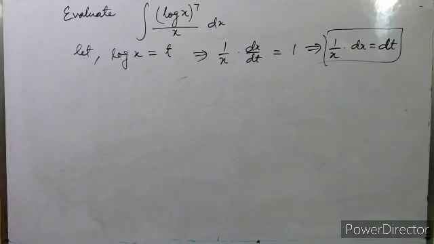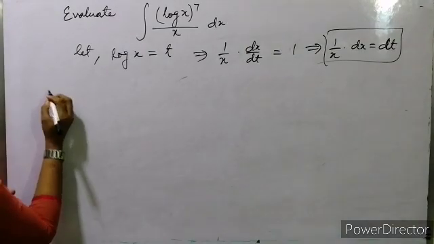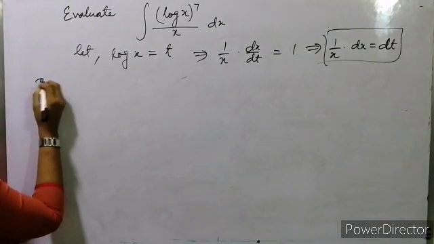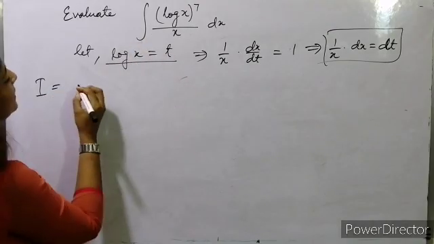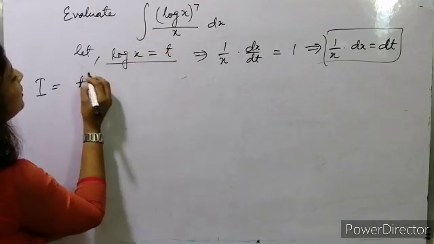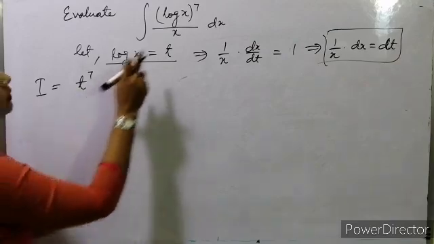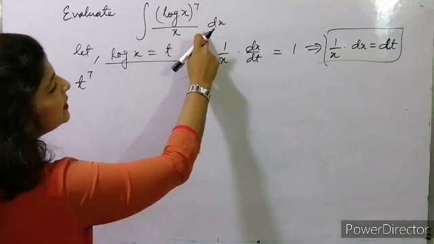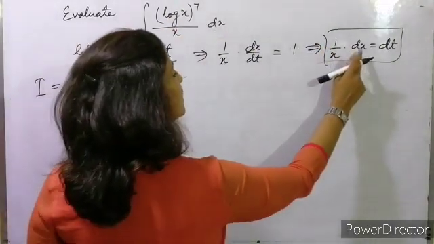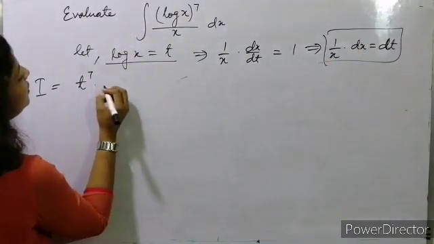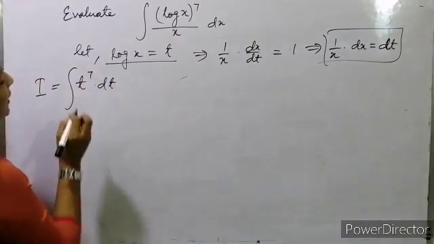Now next what we have to do, so it means that the integration I will be equal to, log x is t, so t to the power 7 we will write. Now 1 upon x into dx is there, so 1 upon x into dx is equal to dt. So dt integrate करेंगे.